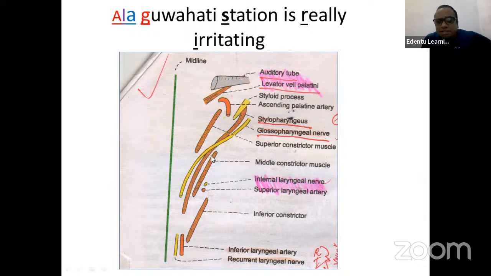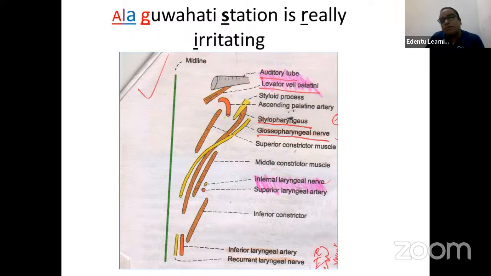Then between the middle constrictor and inferior constrictor, IS: internal laryngeal nerve, superior laryngeal artery. Very simple. And the structures below the inferior constrictor muscle? The last two words, really irritating. R for recurrent laryngeal nerve, I for inferior laryngeal artery. It's easy, right?